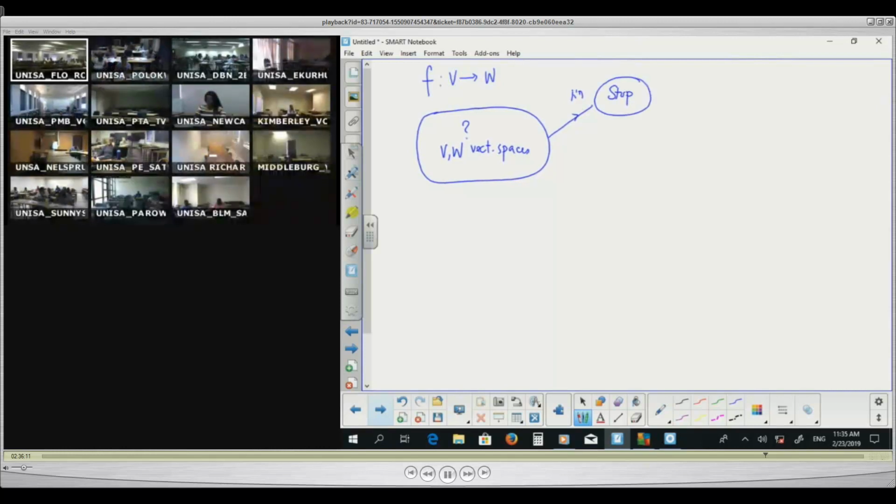If the answer is yes, then your next check should be whether f(0) is 0. If the answer is no, you stop. If the answer is yes, check whether f(-v) is minus of f(v).